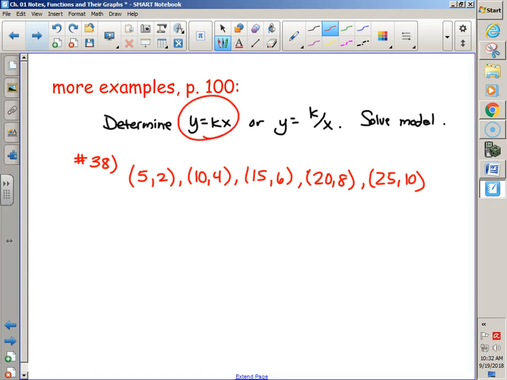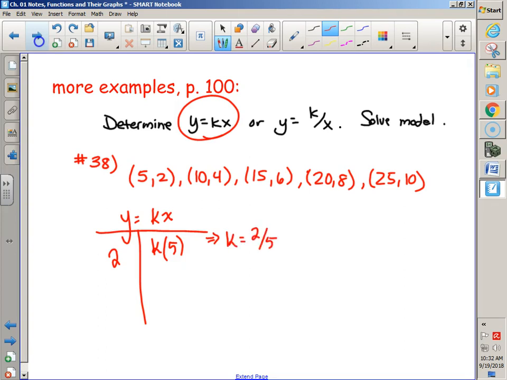How can we double check that we're right? What if we plug in and see if it actually works? So if y is 2 and x is 5, what would k end up equaling? 2 over 5. Yeah, this would end up getting us that k is equal to 2/5.